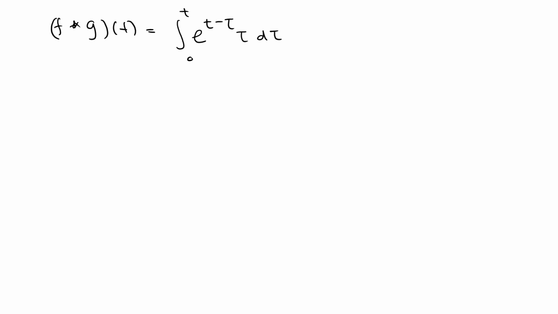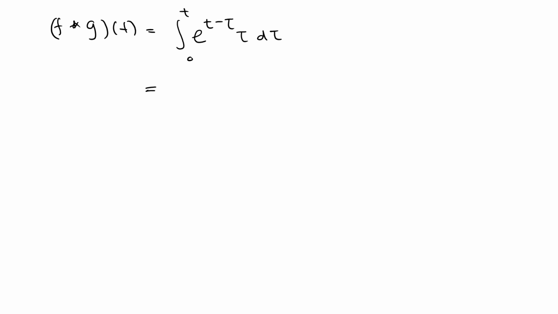So what we did, you have the option to put tau in one function, t minus tau in the other function. Normally what we do is we put t minus tau in the easy one. But let's see how we can simplify this one.